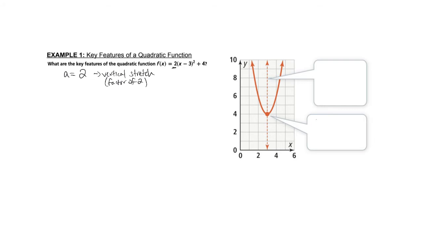Right, we have an H. Our H is positive 3, and then our K is positive 4. So we move right 3. K is positive 4, so we're going up 4.